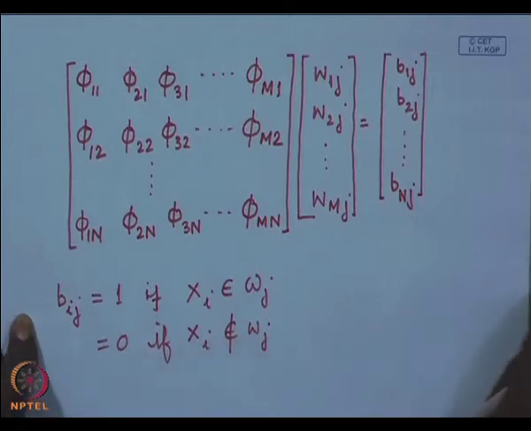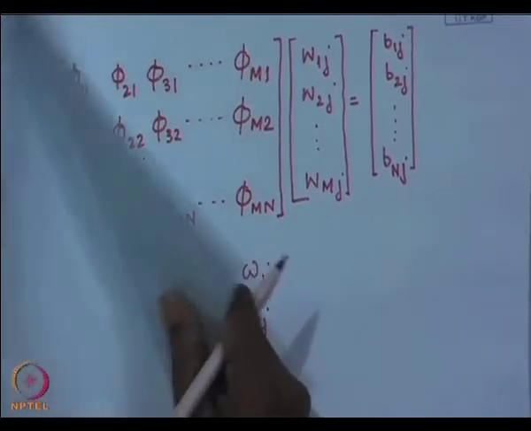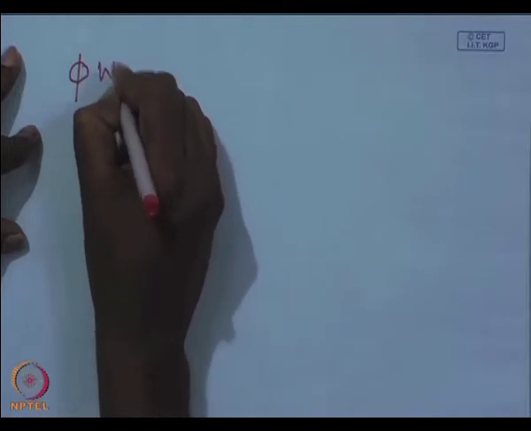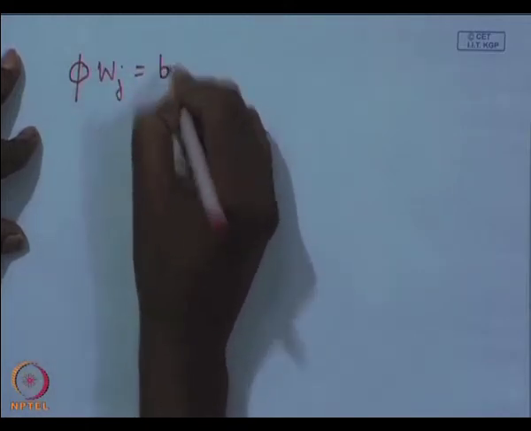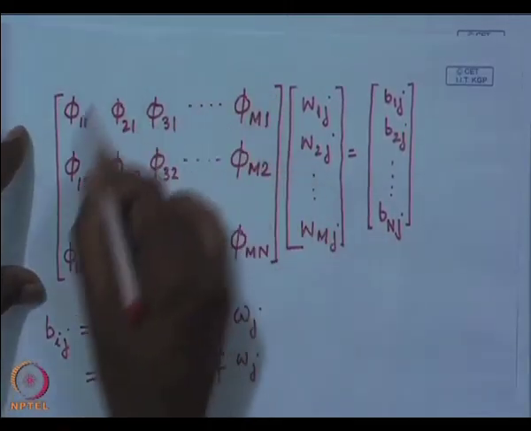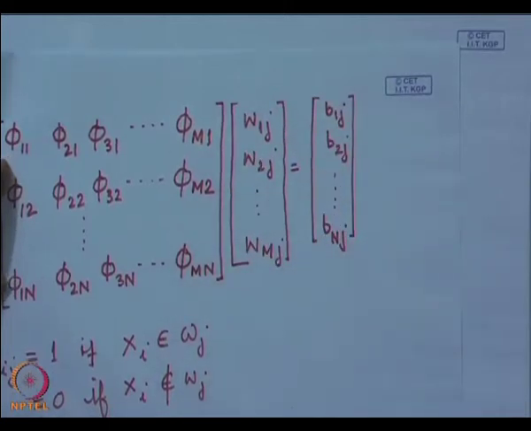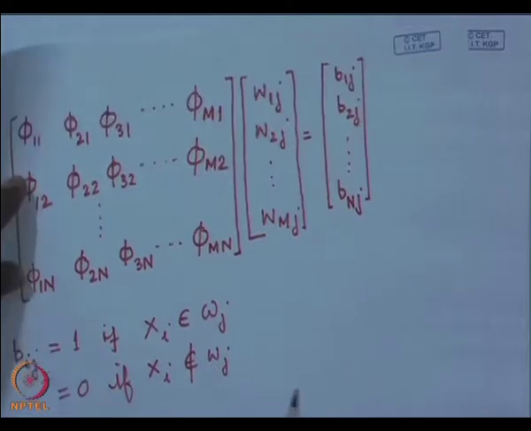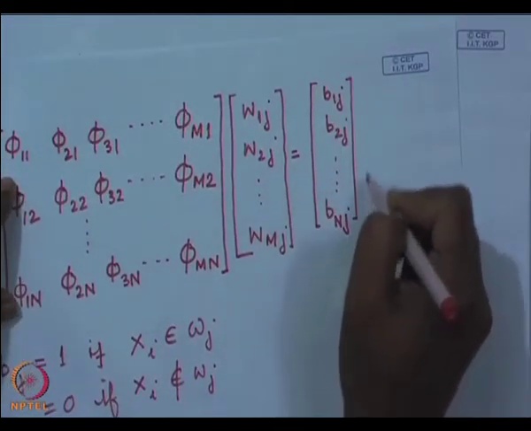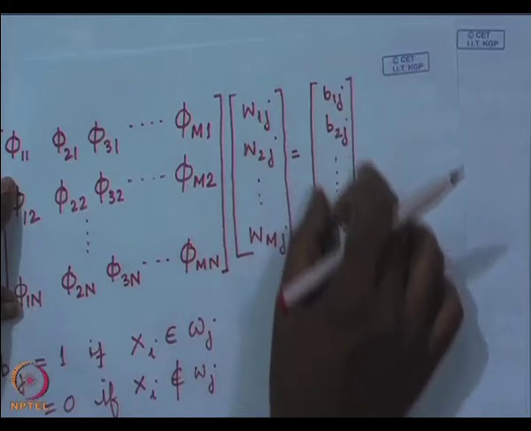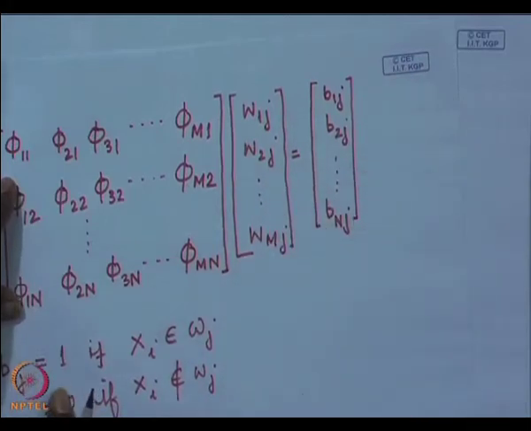So, this is the kind of situation that I have, and this whole expression, this matrix equation, I can write in a short form, that is phi w j is equal to b j, where this phi is this matrix, w j is this weight vector which are connected to the output layer node j, and b j is the output of the jth node in the output layer, which is represented in the form of a vector like this for different input vectors.